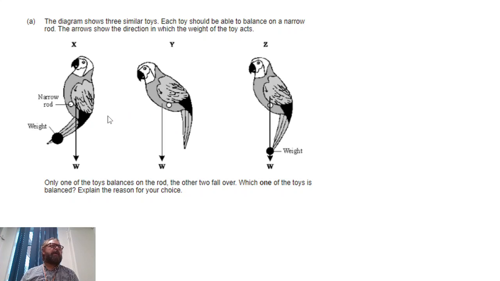Let's apply what we know about turning forces to how stable things are, or whether they will balance. You've got 3 model parrots here, and we can use this to apply the rule. The narrow rod is a pivot, and the arrow is showing the line of action of the weight of the parrot.